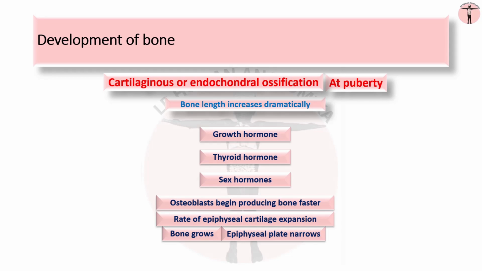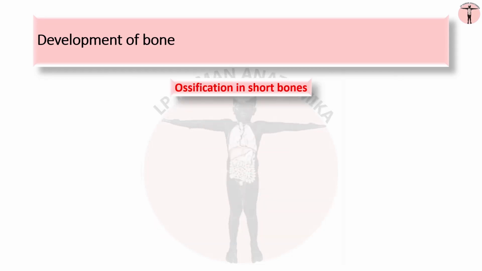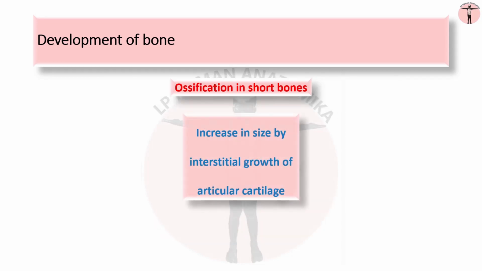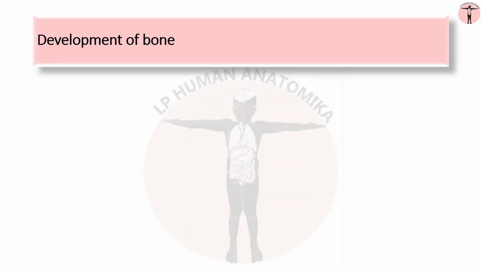A remnant of the epiphyseal plate will be visible in the form of the epiphyseal line on X-rays. Ossification in short bones: short bones increase in size by the interstitial growth of articular cartilage, similar to that of the epiphysis.